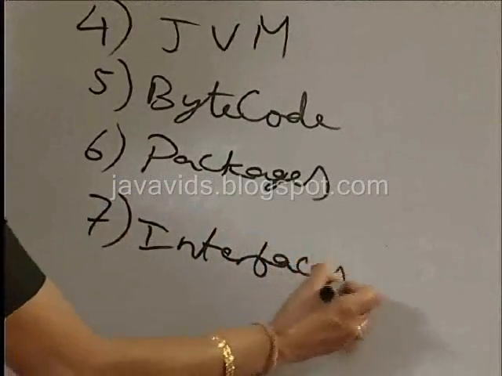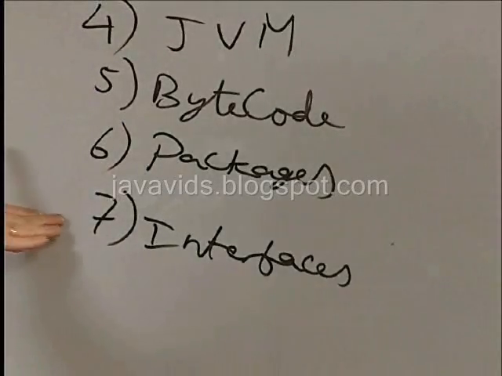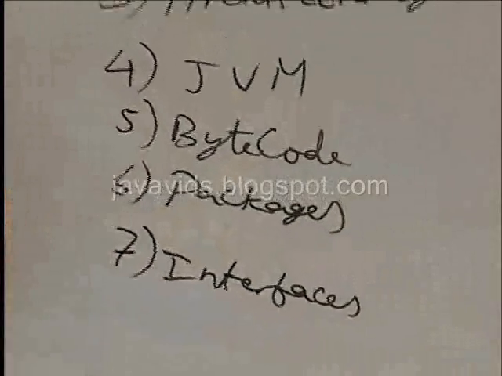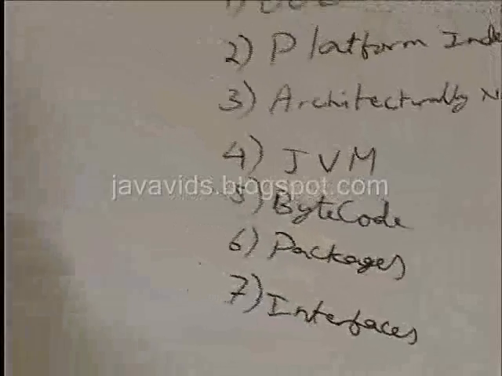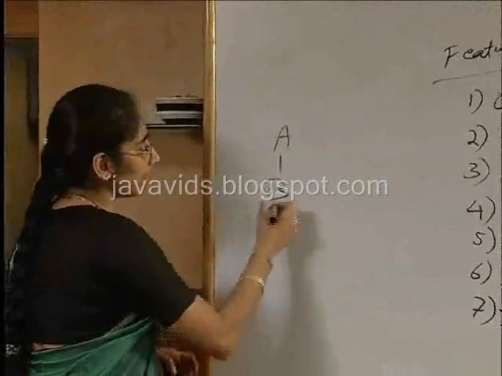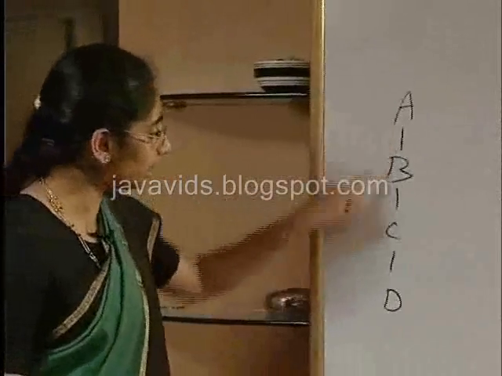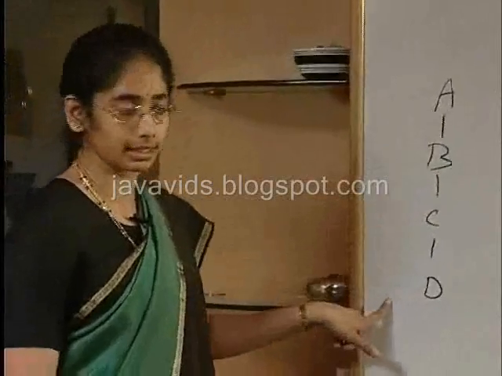Interfaces. We need to remember that in Java we have single multi-level inheritance. In other words, you can have class A, and from class A you can derive class B, class C, class D, likewise. So it's multi-level single inheritance.